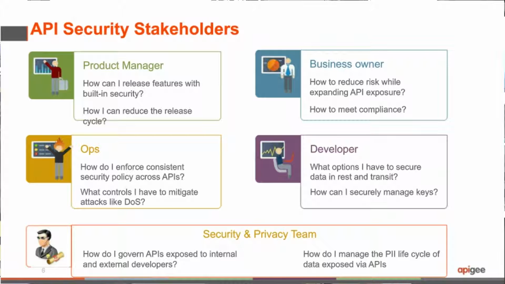The business owners are always interested in making sure the API products comply with the governance requirements. And of course, ops, who is constantly challenged to patch the most recent API vulnerability or respond to any API threats. And most importantly, the developer, who wants to securely expose the APIs to the app developers.